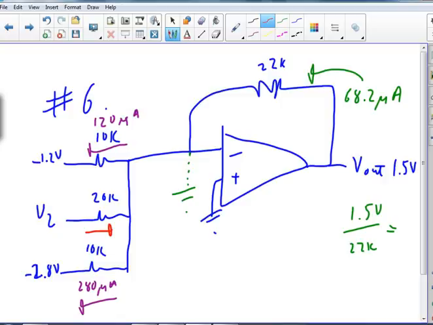Okay, so the summation of currents going into a node has to be 0. That being the case, the current through R2 plus 68.2 minus 120 minus 280 microamps has to be 0.